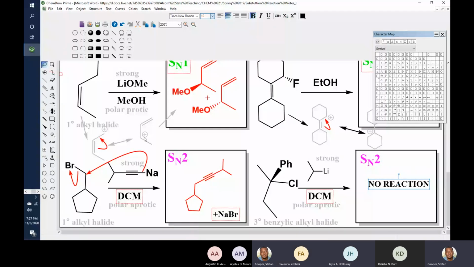Yep, no SN2 at a tertiary alkyl halide, right? Can you guys tell me why?